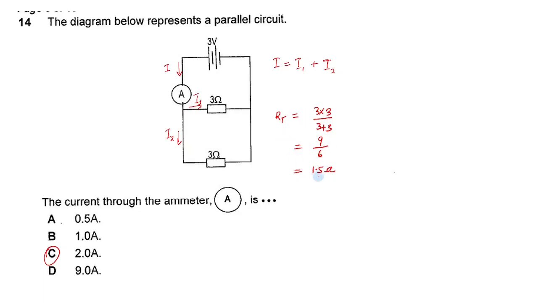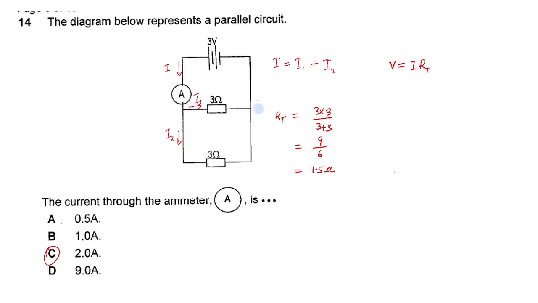Remember, what we are interested in is the current through here. The current through the ammeter is calculated using Ohm's law, which says voltage is equal to current times resistance.